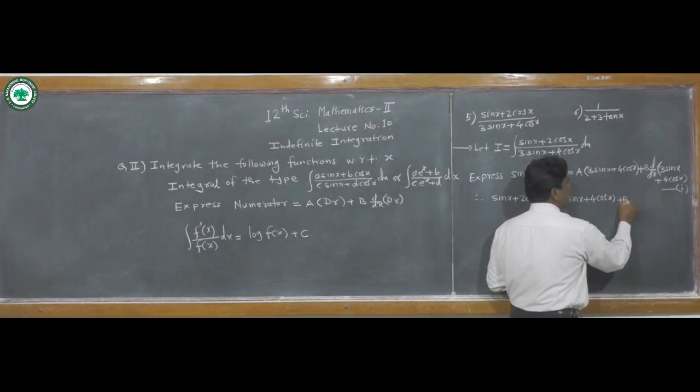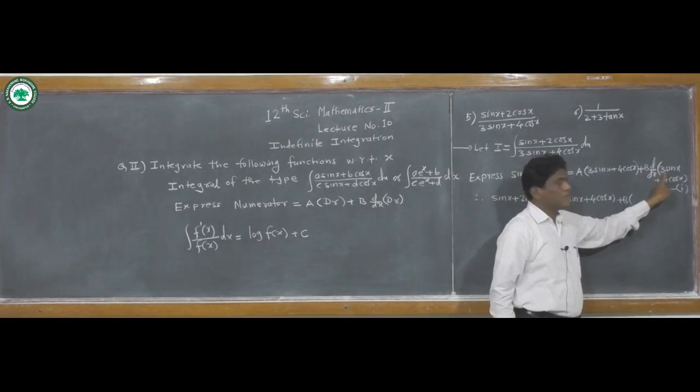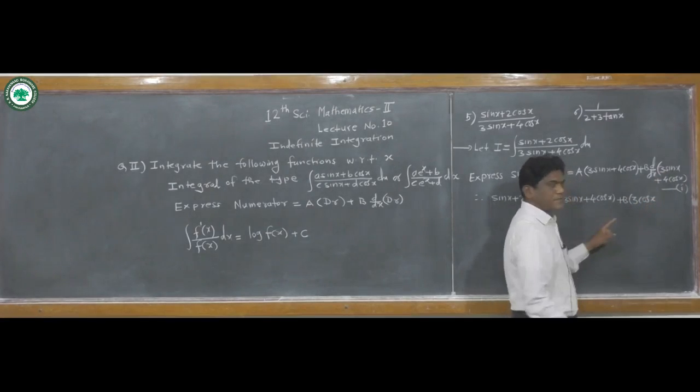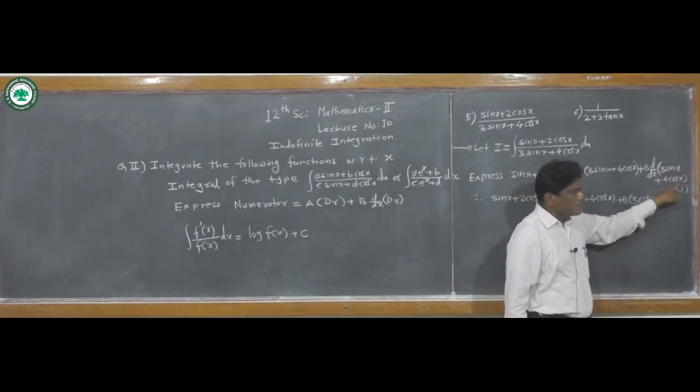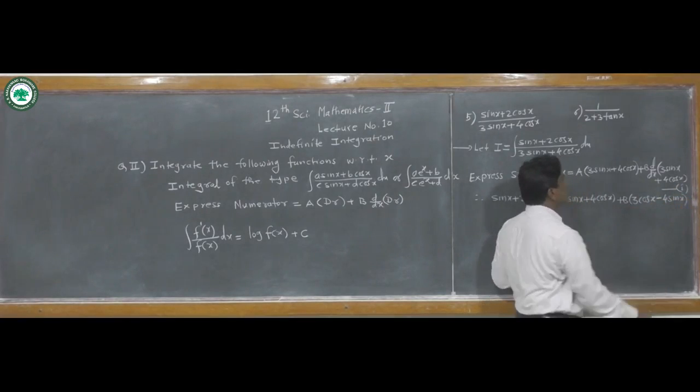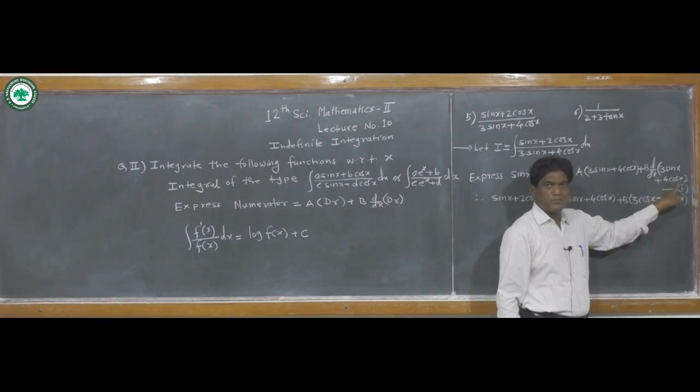Now take the derivative of the bracket. 3 as it is. What is the derivative of sin x? The derivative of sin x is cos x, plus 4 as it is. What is the derivative of cos x? The derivative of cos x is minus sin x. So it is minus 4 sin x.